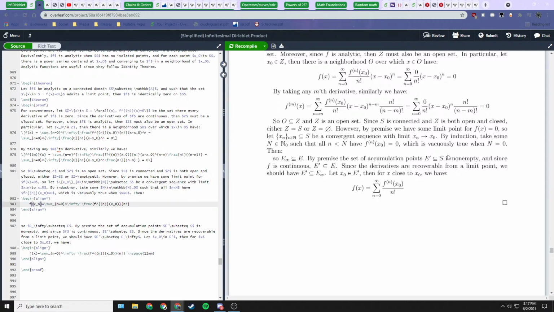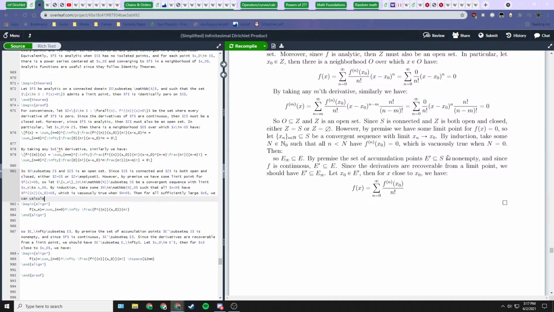Okay. x_m, this will be, we take this power series at x0, so the sum, and we'll start from capital N, this derivative, and then we have (x - x0) to the power n.